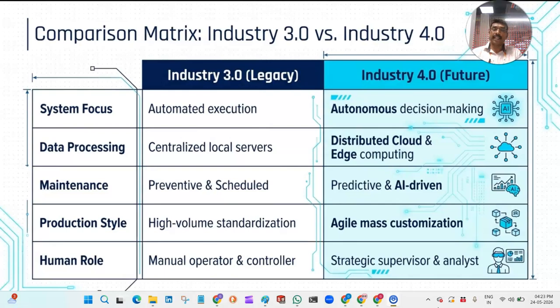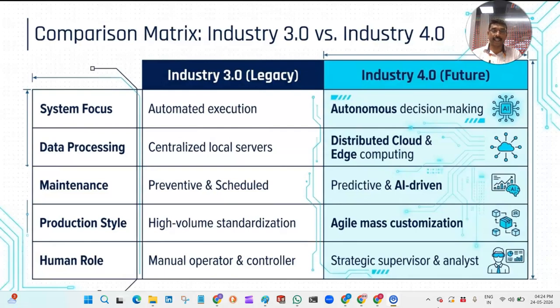And maintenance: in Industry 3.0, there was preventive maintenance and scheduled maintenance, which was the characteristic feature of Industry 3.0, whereas for Industry 4.0 a new terminology has emerged as far as maintenance is concerned. It is called predictive maintenance, which gets assistance from AI.